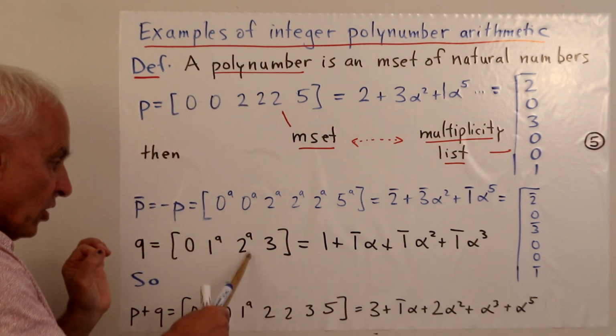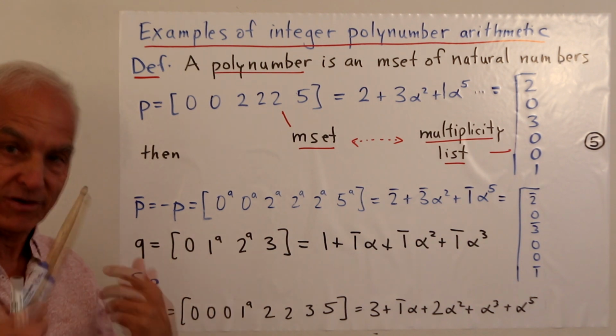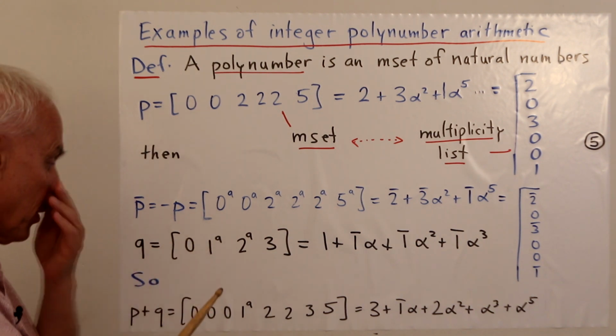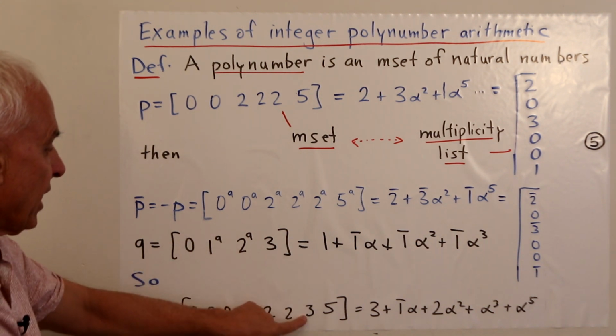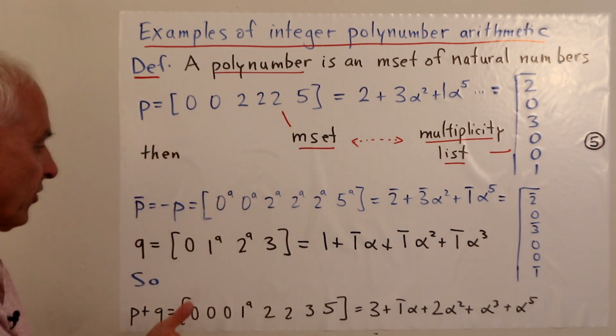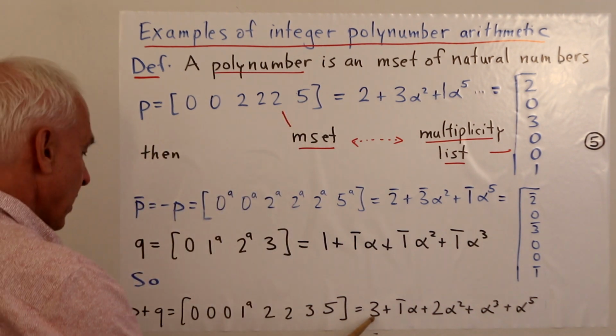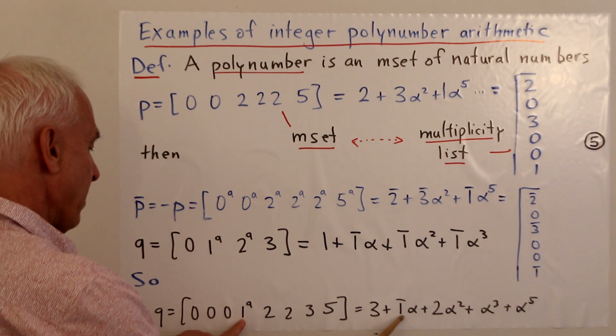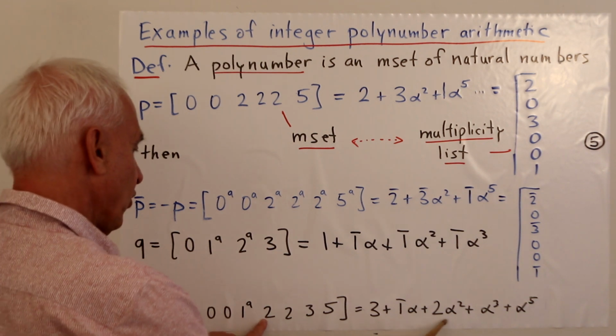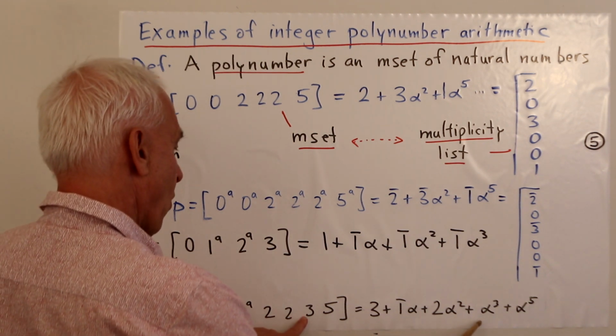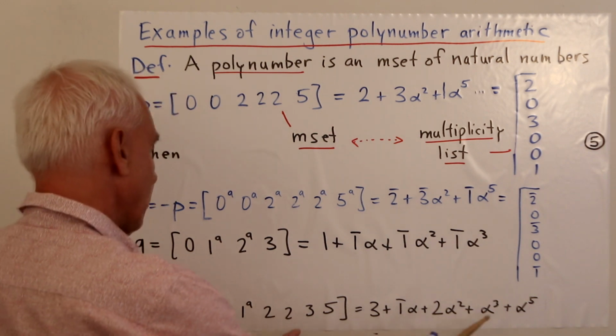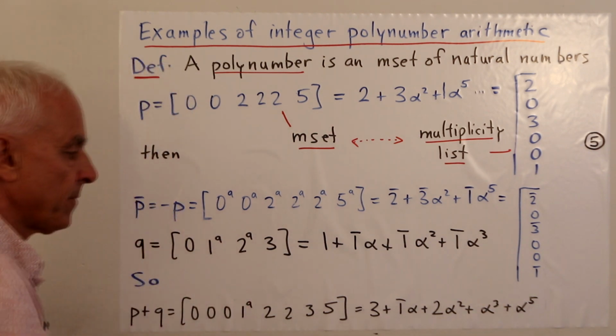But that 2a is going to cancel with one of the 2's. So we're just going to have 2, 2, and then we get a 3 and also a 5. So the result would be 3 plus 1 bar alpha plus 2 alpha squared plus 1 alpha cubed, if we wanted to, plus 1 alpha to the 5.